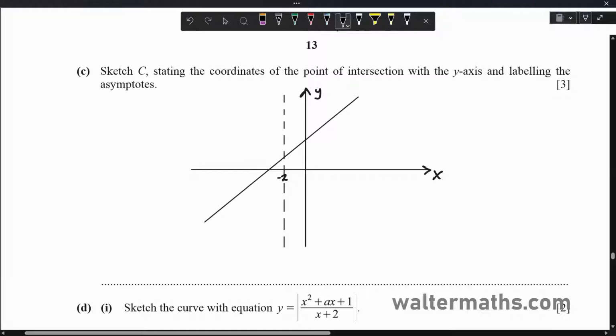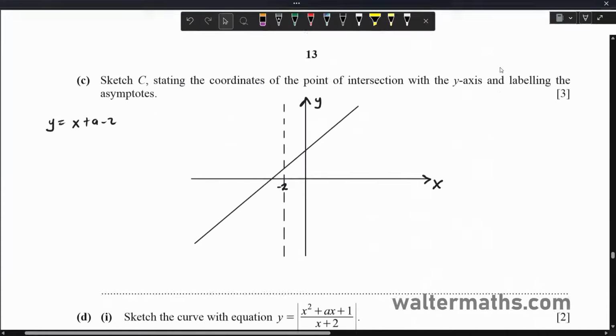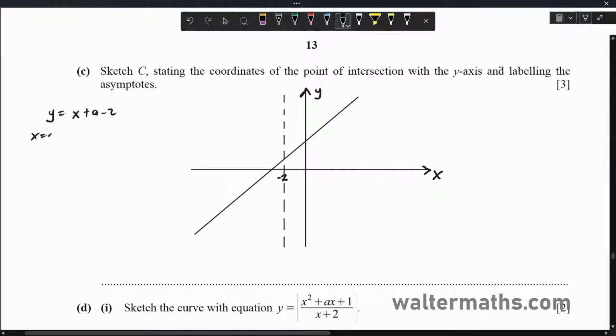Okay, so remember, we're drawing the line y is equal to x plus a minus 2. When x is 0, y is a minus 2. a minus 2 is anything greater than 0.5. Okay, so we just draw the line like this. And when y is 0, x will be 2 minus a.